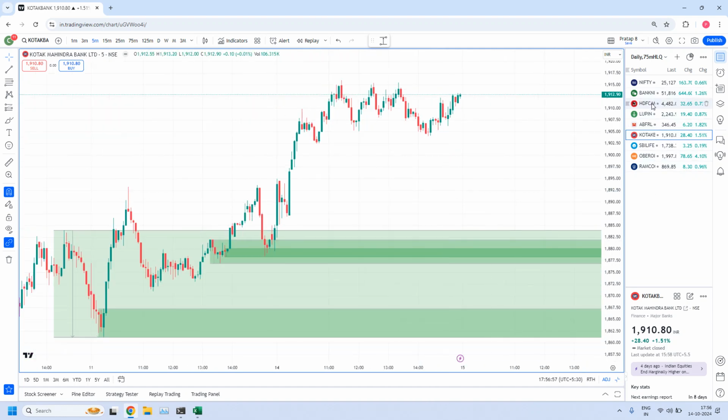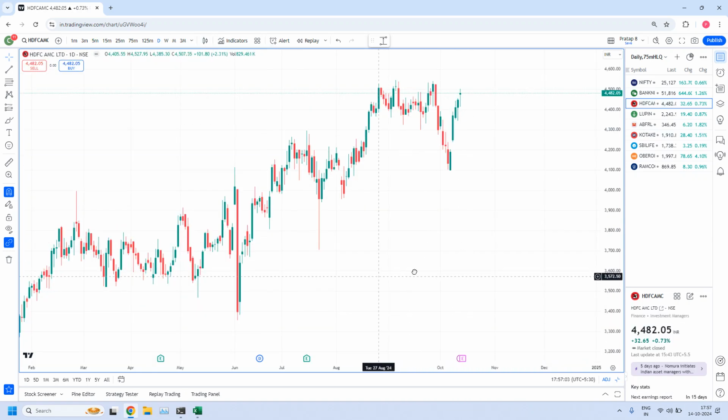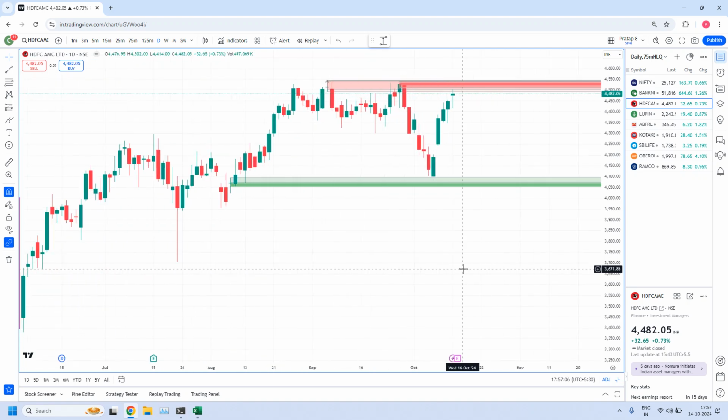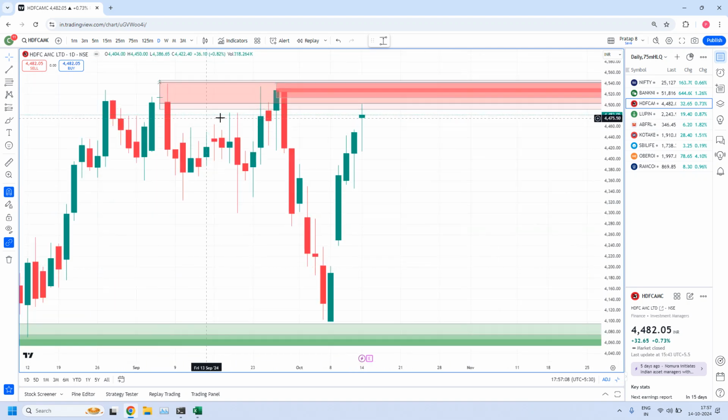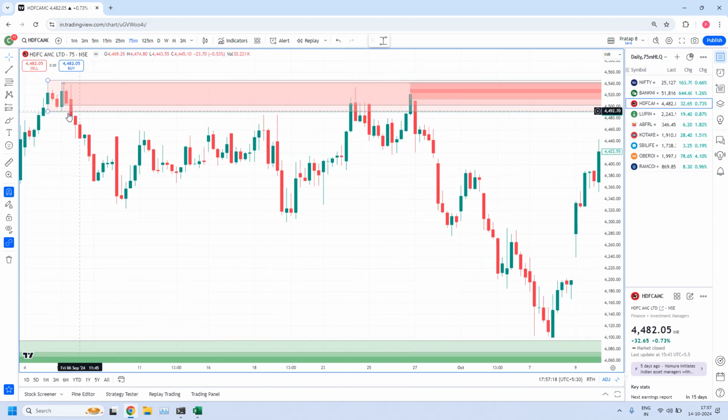And the other 2 stocks are HDFC Life and Lupin. HDFC Life is a daily supply zone. This one I think I already explained is a rally base drop. See here we have a 75 minutes zone, rally base drop.